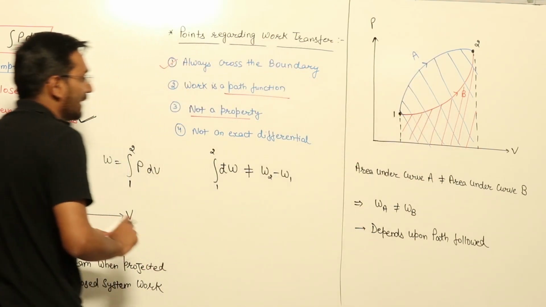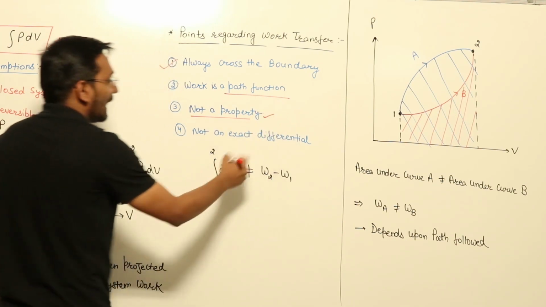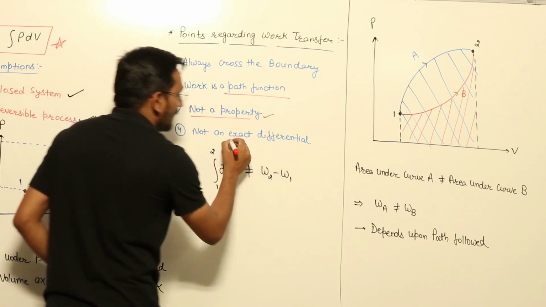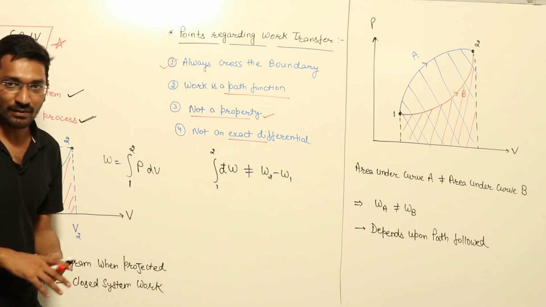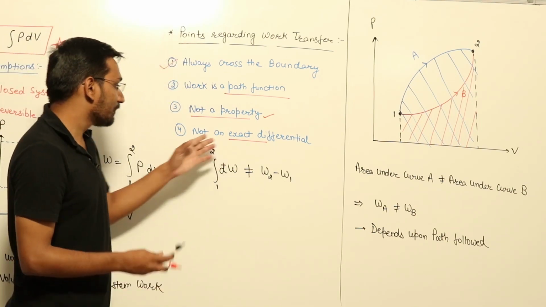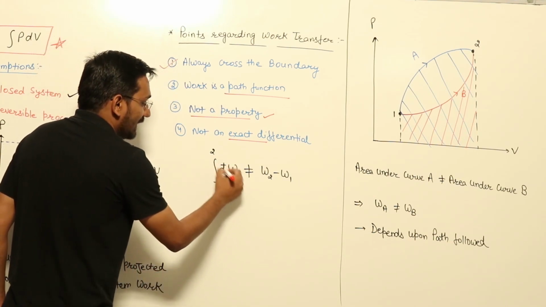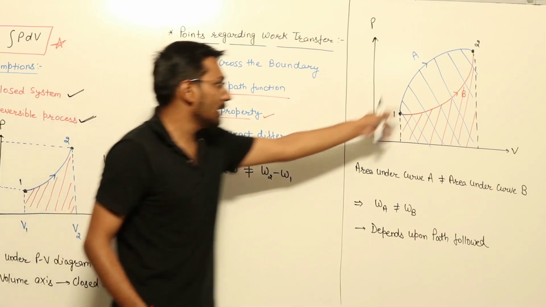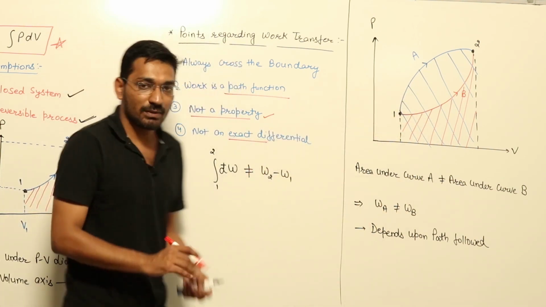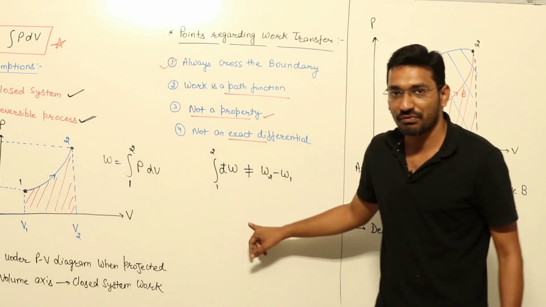So if work depends upon a path, it is not a property. And if it is not a property, then it will not be an exact differential. Work is an inexact differential. So the integration of dW from point 1 to 2 will not be equal to W2 minus W1. We have to integrate it. It is not an exact differential.